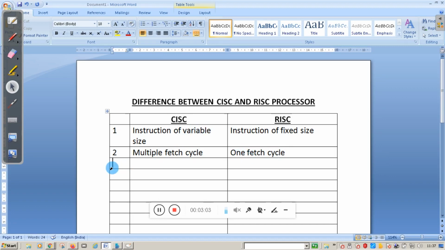Now we will move to the third point. Students, the third point is operation on register and memory for CISC.